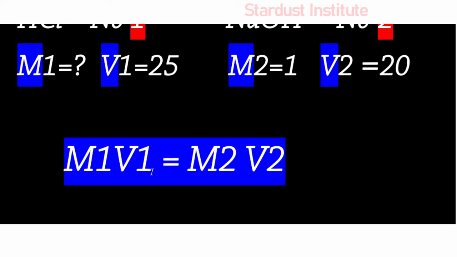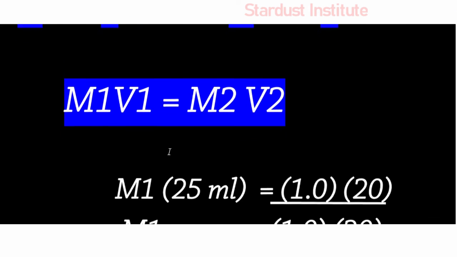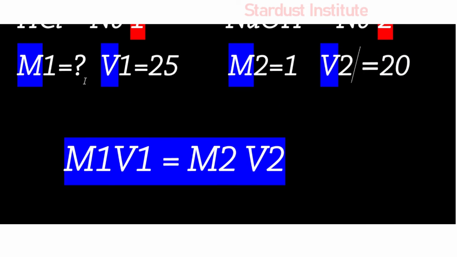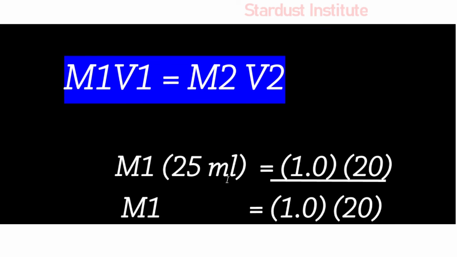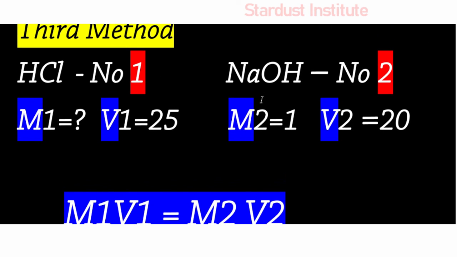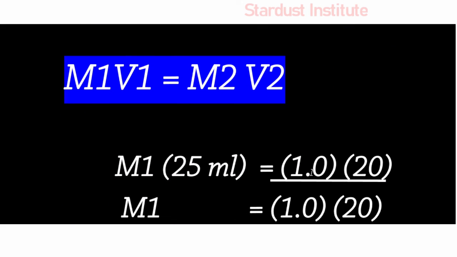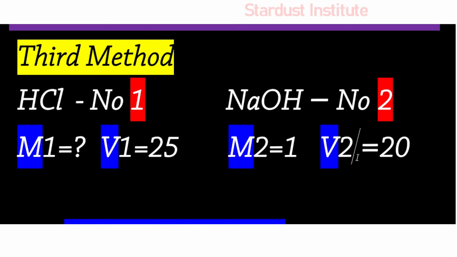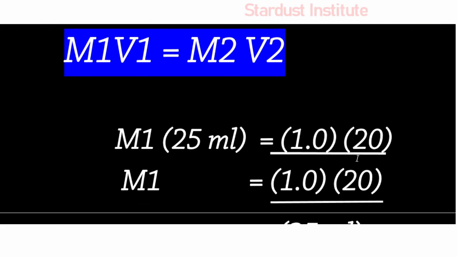Now we can create an equation like this. M1 V1 equals M2 V2. M1 we don't know. We have to find it. V1 we know, 25 milliliters, and we know M2, 1.0, which means 1, and we know V2, 20 milliliters. Now we need to find M1.